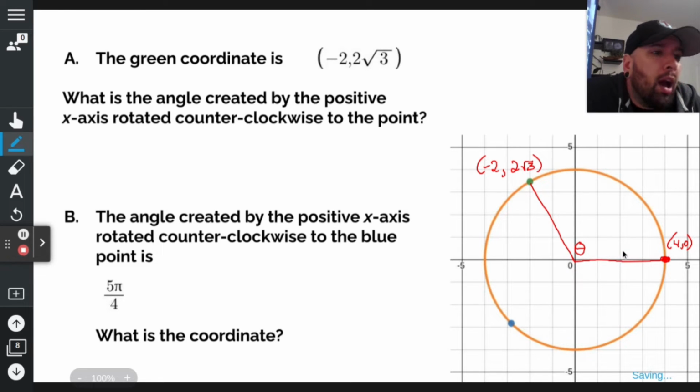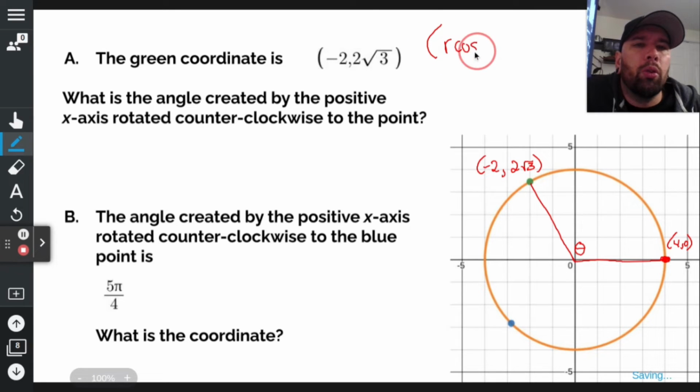I find theta by thinking, a couple problems ago, the old guy accidentally wrote a bunch of stuff over here that he found out was useless. Well, now it's useful again. If I'm dealing with a circle where my radius is not 1, and I'm given xy values, let's view that as r cos theta, r sine theta.